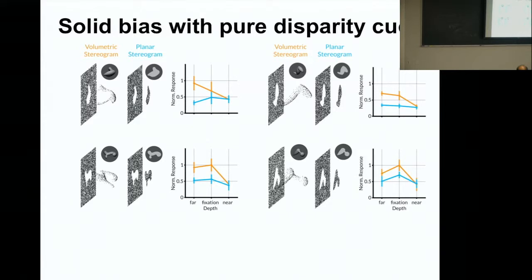And I'm not sure why responses for these stimuli went down when, so the three conditions here are behind the fixation point, centered at the fixation point, in front of the fixation point, and I'm not sure why in front of involved lots of information, and if anybody has an idea, I'm willing to entertain it.